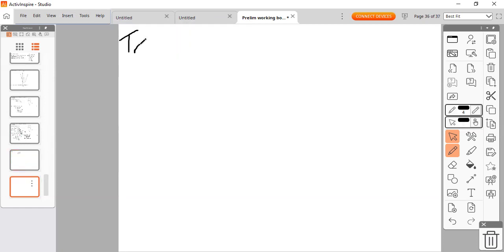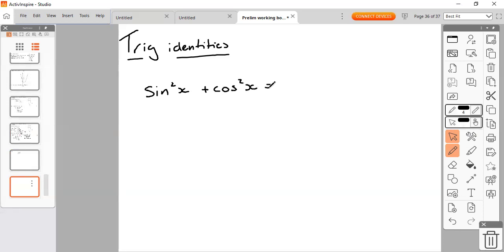Now this is a weird one. A trig identity sort of stands as its own question. They can't really combine it with anything, and they can't really do a huge amount with it, but it's so horrible to look at.